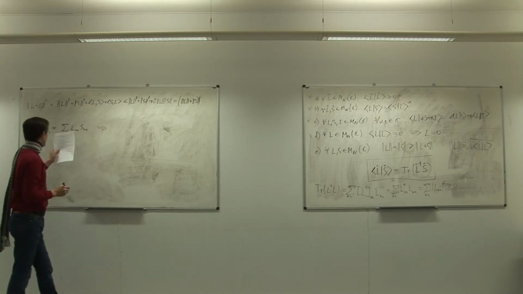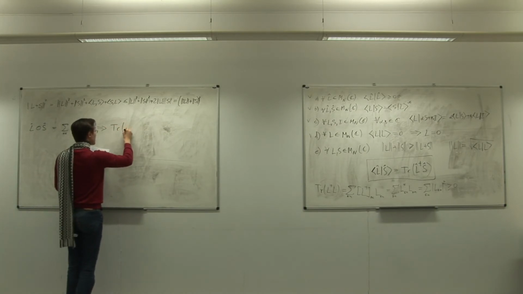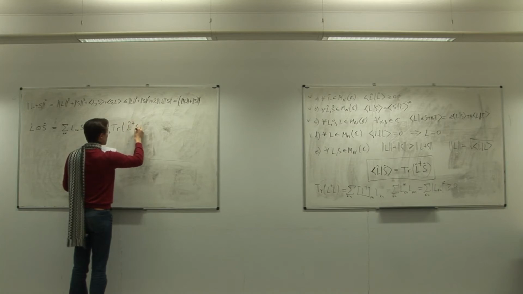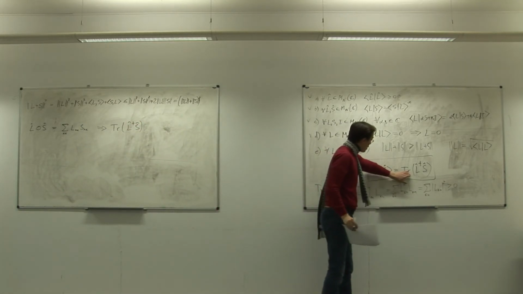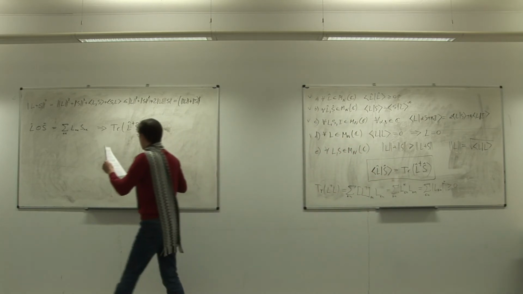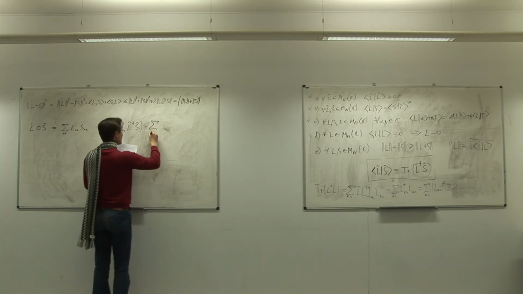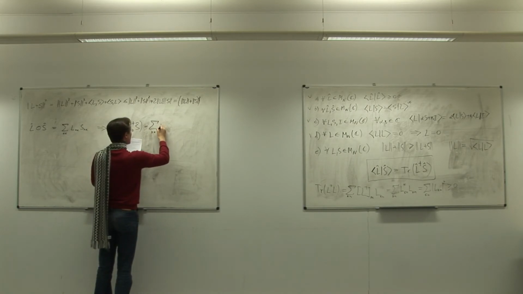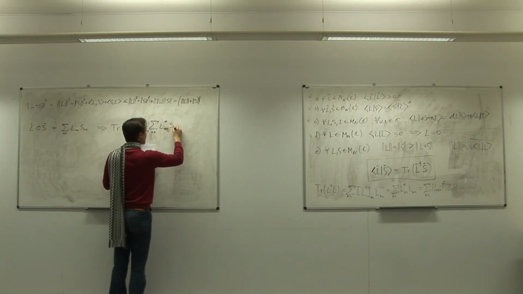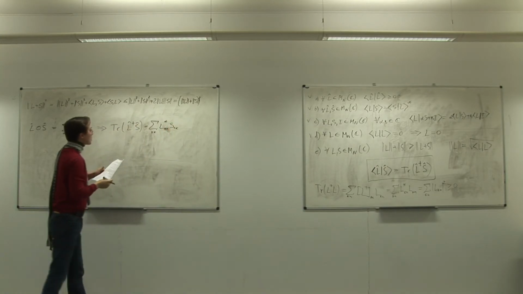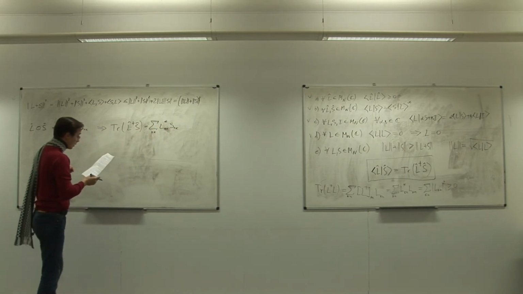With that kind of definition, we can easily rewrite our trace like this. Trace of L Hermitian conjugate S. So from the definition of a trace, it is a sum over nk L star nk S nk. And you can see it's the same kind of structure, except we have L star in here.